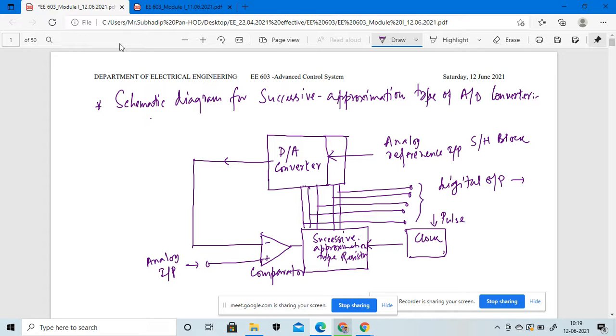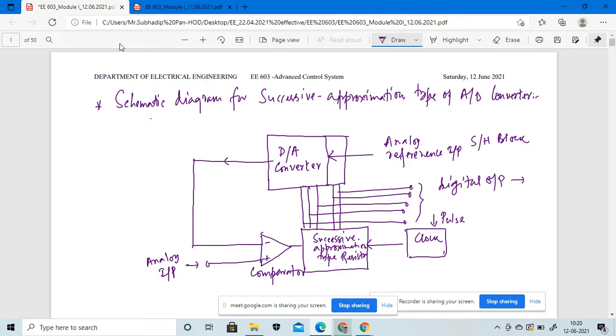Since we are using it in this schematic diagram, it is named a successive approximation type of A to D converter, because this particular block depends upon this register.